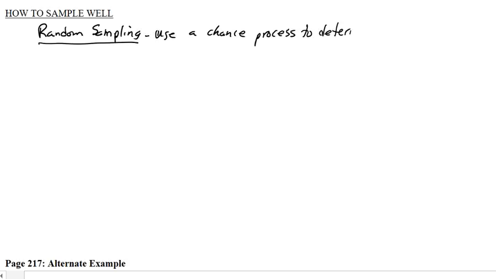So we use a chance process, and we'll talk about those in a minute, to determine which members of a population are included in a sample.